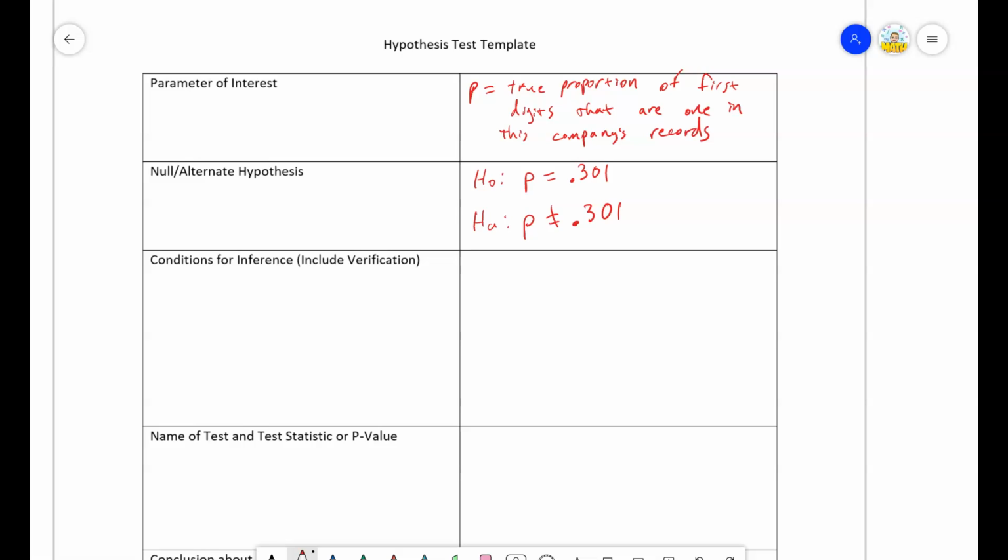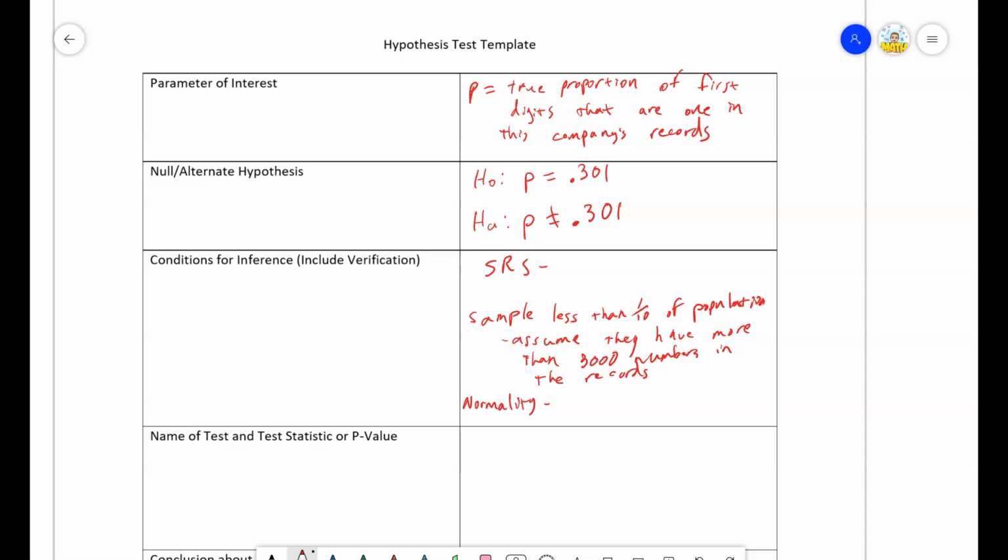Okay, so for conditions for inference, we know that we need to have an SRS. We need to assume that we sample less than 1/10 of the population. So I need to list these, but I need to verify them. So this means that I assume they have more than 3,000 financial records.